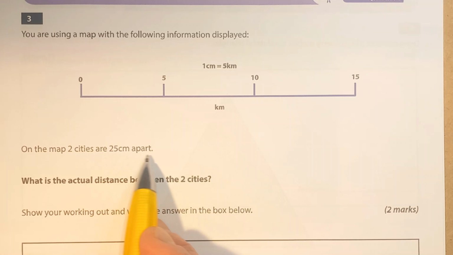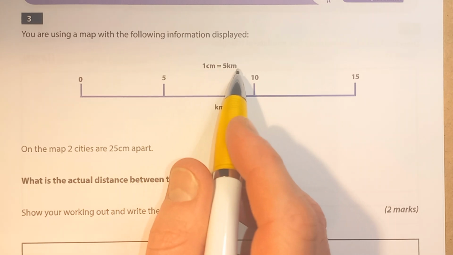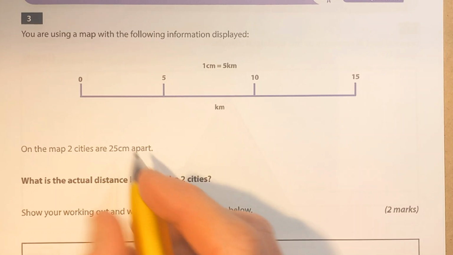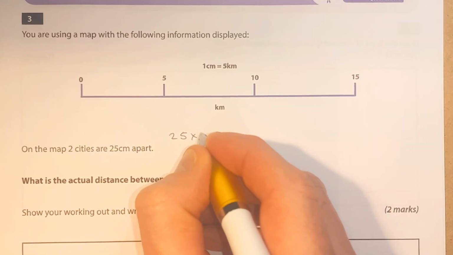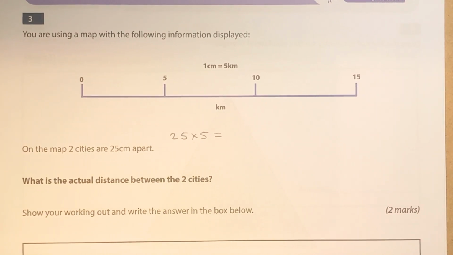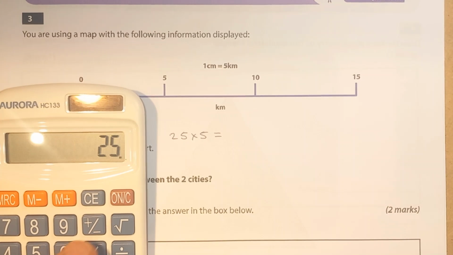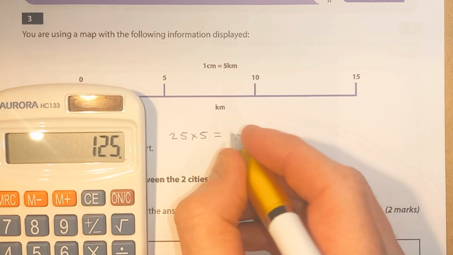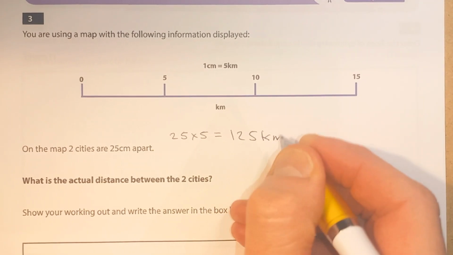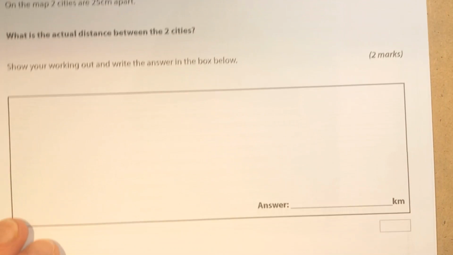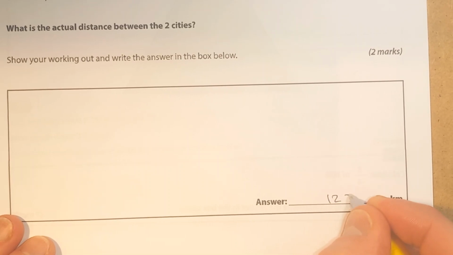Okay, so they're 25 centimetres apart. Well, if 1 centimetre is 5 kilometres, well, 25 centimetres is going to be 25 times 5 kilometres, which gives us 125 kilometres. And we can just put that in here.